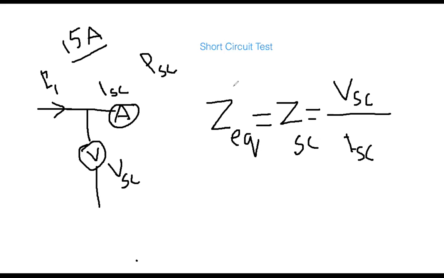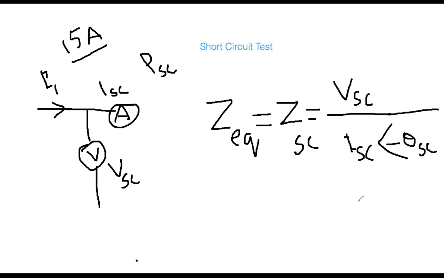So what is this rating? This is the value that you will be getting during the experiment. What is ISC? This one. Now, what you have to do, I must recommend, is consider the phase angle, which is theta SC. And you see why I put the minus sign?